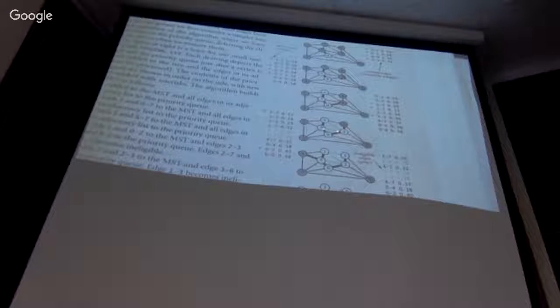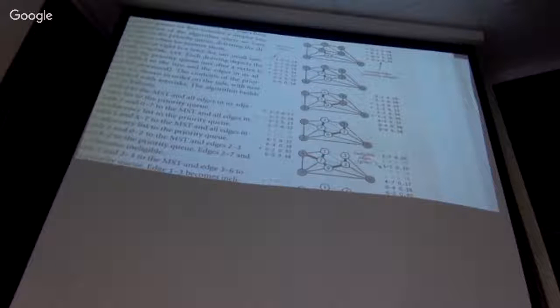So you can see 2-7 is ineligible, and 2-1 is also ineligible, because they would cause a cycle in my spanning tree. So in my priority queue, I mark them as not eligible.